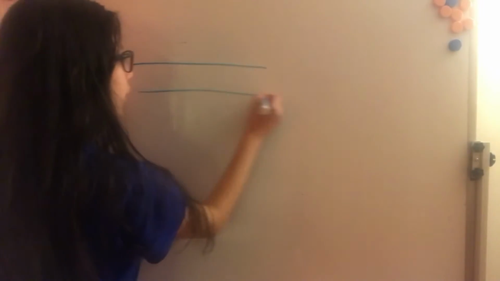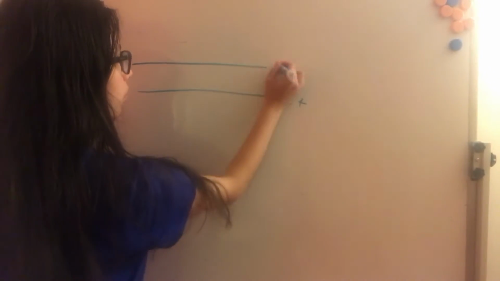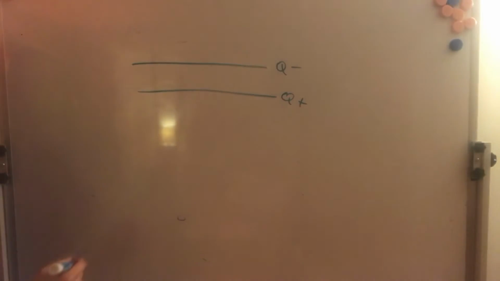We're going to see the energy that could be stored in a capacitor in a different way. Here we have the parallel plate capacitor, Q positive, Q negative.